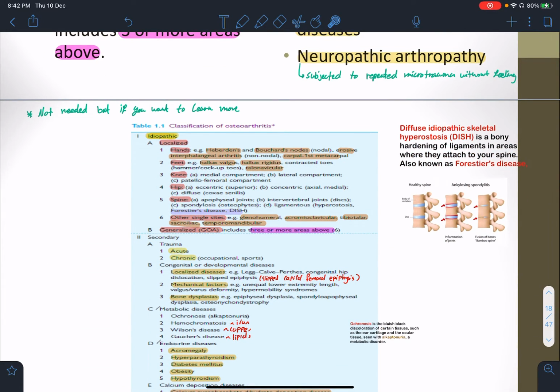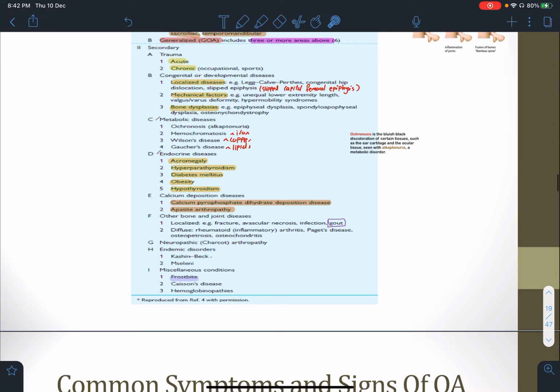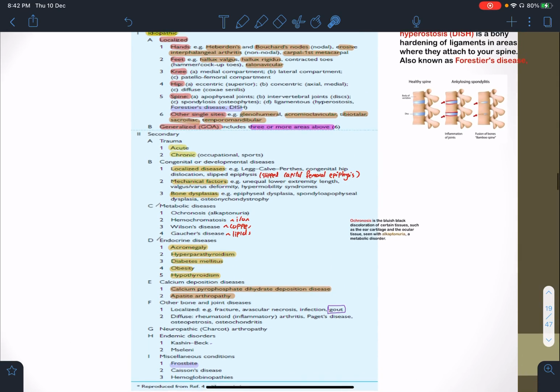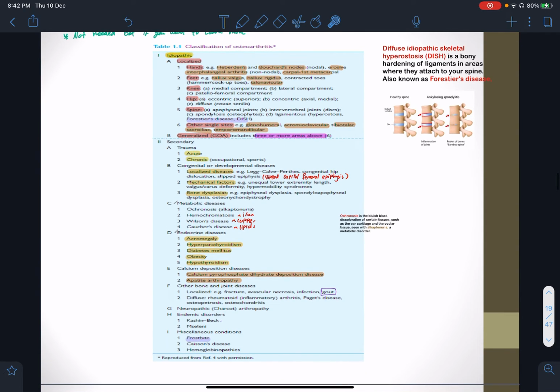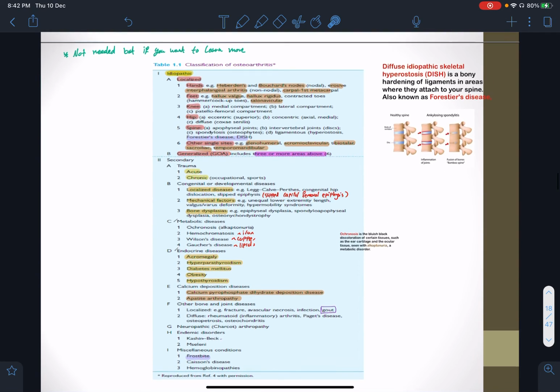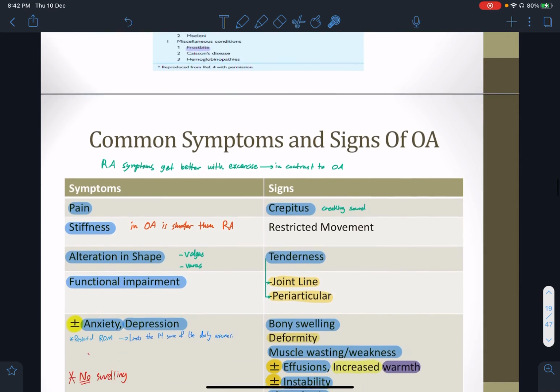It's interesting. It carries many of the reasons and explanations for why you might have osteoarthritis. So for example, it might help you if you had a young patient who is having osteoarthritis. You can have this list in your differential and minimize your differential. So it's really interesting to go through these classifications of secondary osteoarthritis.